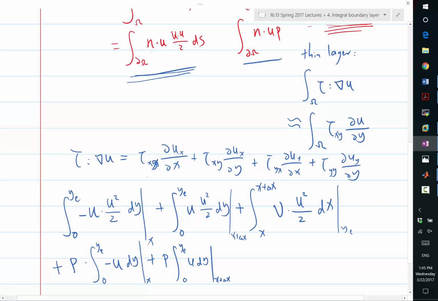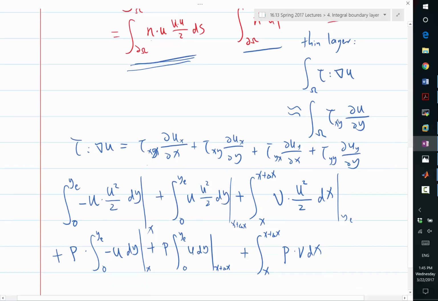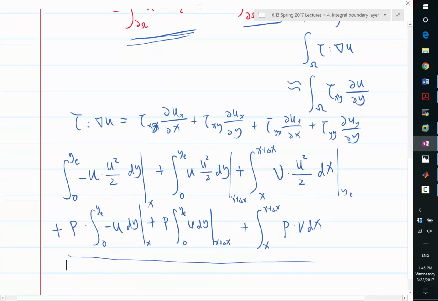At the bottom, the force done by pressure is 0. And at the top, I have some work done by pressure, so it's basically p times v dx, at ye.